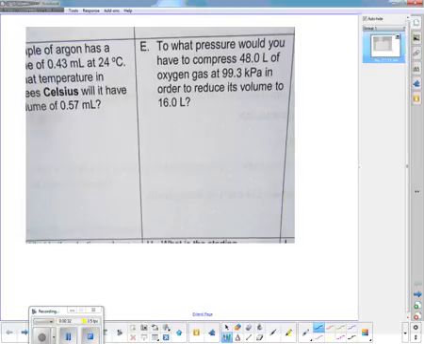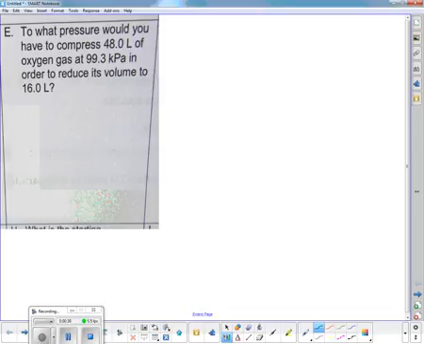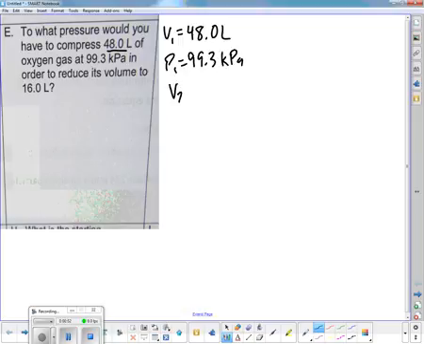Okay, to what pressure would you have to compress this? So here's my first volume of oxygen gas at P1. In order to reduce its volume, V2, 16.0 liters.